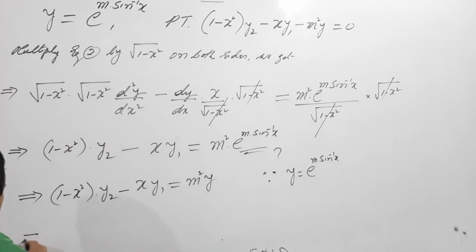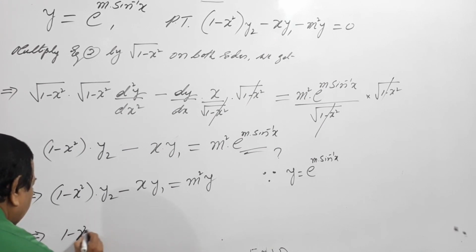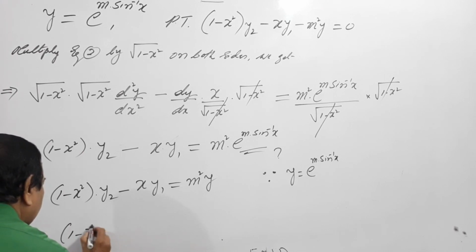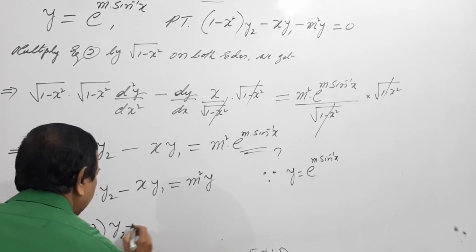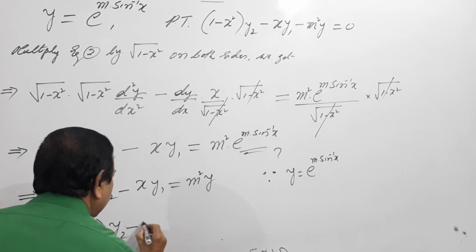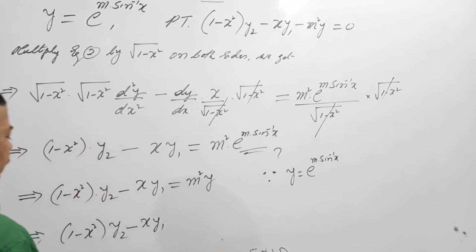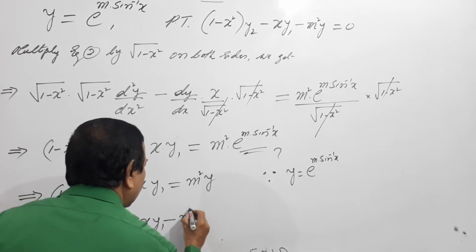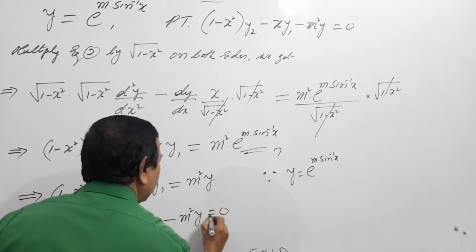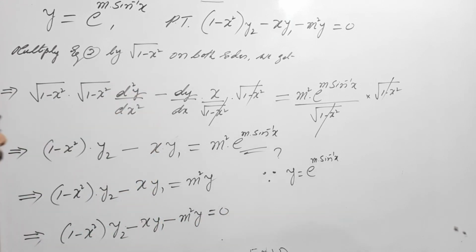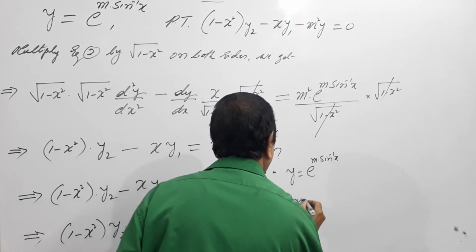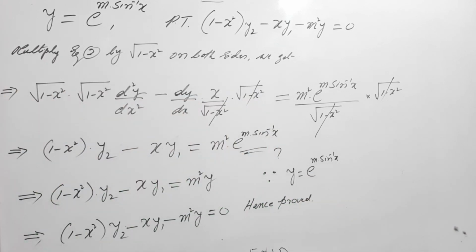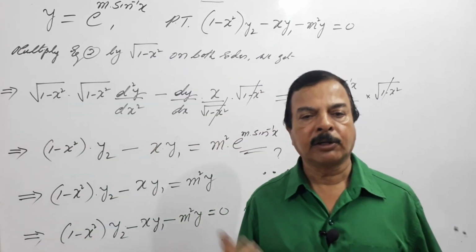So that is 1 minus x square into y2 minus x y1 minus m square y equals 0. So we already got it. Hence proved. So this problem may carry 5 or 6 marks.